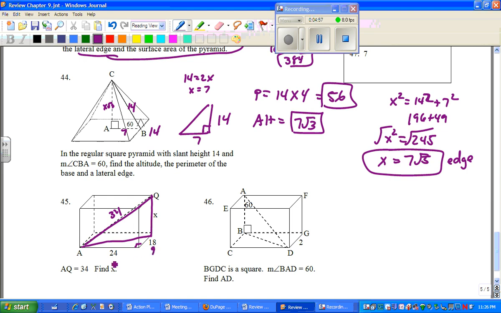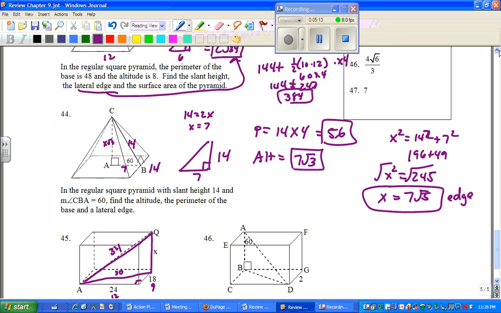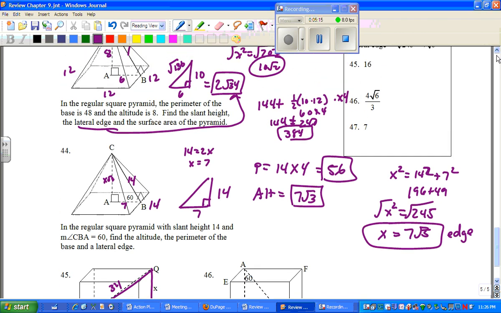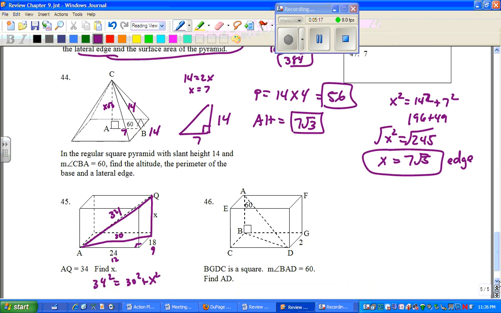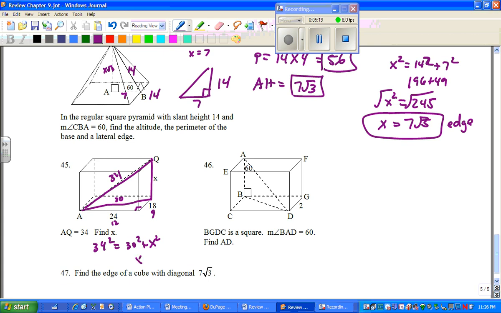this piece is basically 9, 12, so that's 15. There's 2, so this piece is 30 for the base because it's a similar triangle, and then we could do 34 squared is equal to 30 squared plus x squared. Simplify that answer, and it looks like we end up with another perfect triangle.